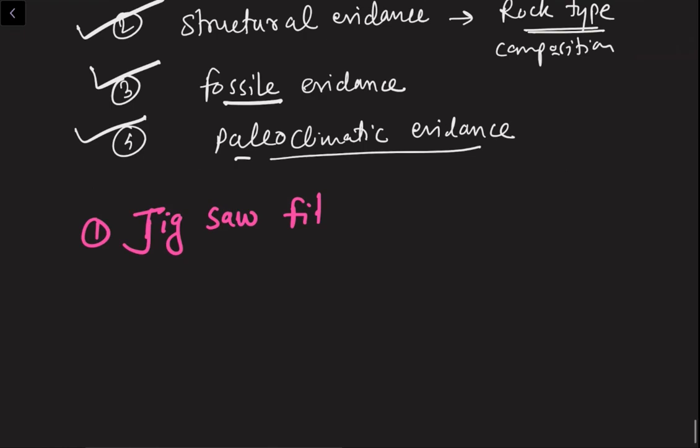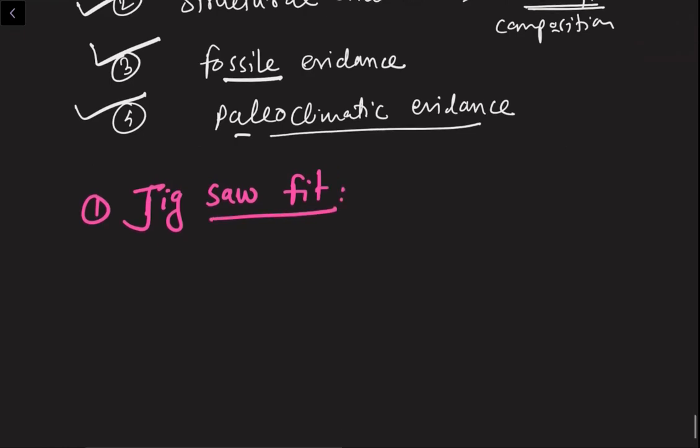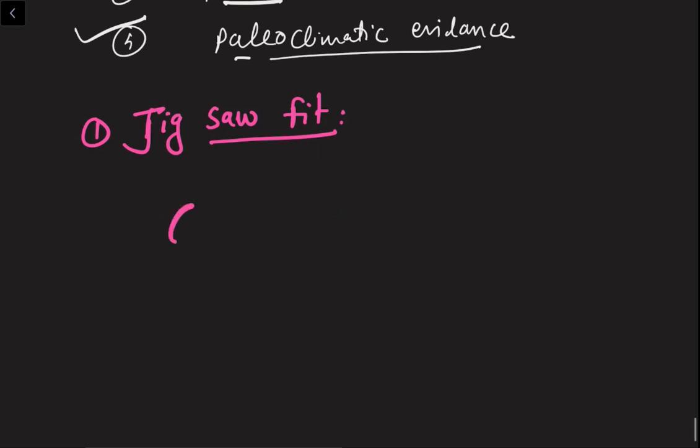Jigsaw fit. In jigsaw fit he said that if you observe the Atlantic Ocean carefully, you will find that both coastlines are opposite to each other, but they can easily match with each other. Let us draw a smaller diagram.